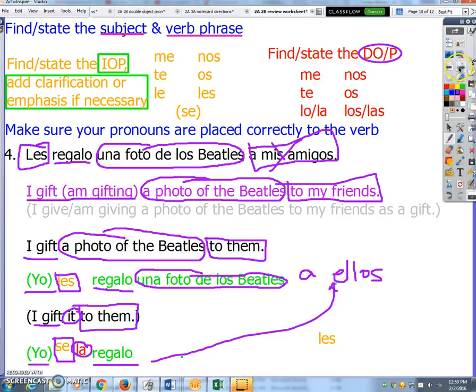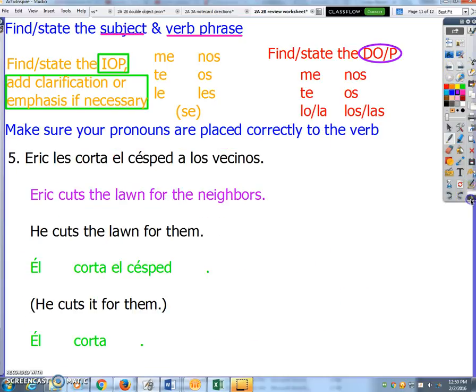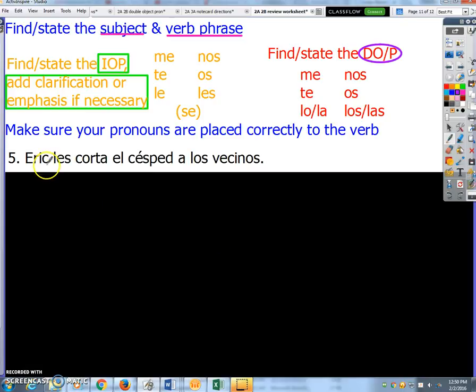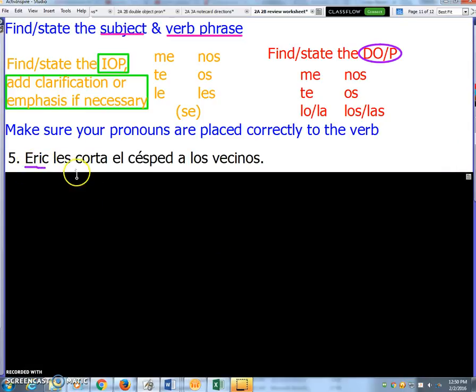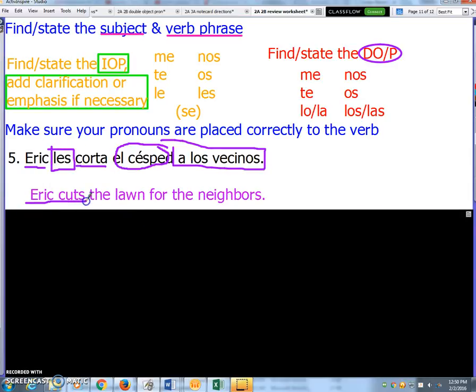And moving on to number 5. Here we go. Eric is our subject. He cuts what? The lawn to or for whom? The neighbors. So Eric cuts the lawn for the neighbors.